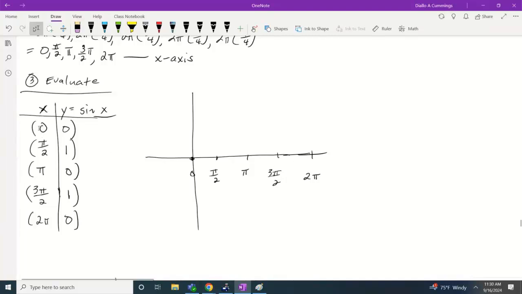I have the radian measures for x. Okay, so once we coordinate it up, those values actually lay out our x-axis. As far as my y-axis is concerned, I only have 3 numbers. Positive 1 for y, then 0, which is here, and then negative 1.